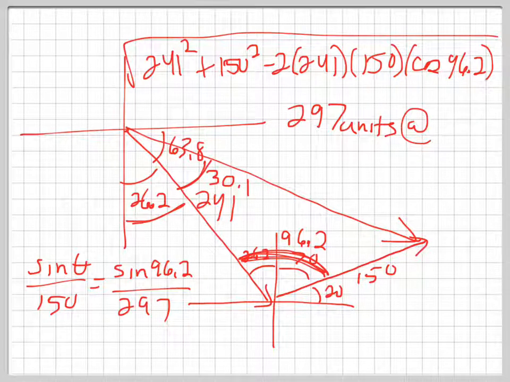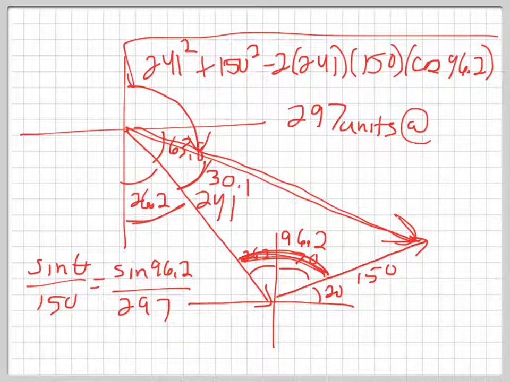And I want to figure out where is this vector from north all the way here. Okay, so this is 30.1 and this is 26.2. So I could add those two together and take it from 180. So 180 minus 30.1 minus 26.2 equals, I get basically 124 degrees.